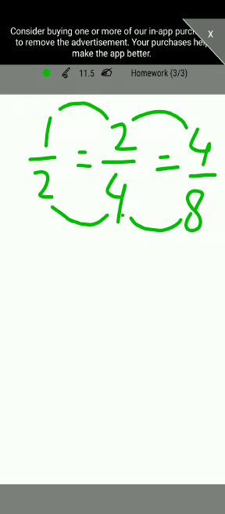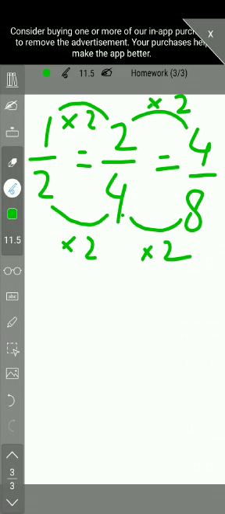So actually what we are doing is multiplying both the numerator and the denominator by 2, right? 1 2s are 2 and 2 2s are 4. Over here also the same thing is going on: 2 2s are 4 and 4 2s are 8. All right, so these are called equivalent fractions.